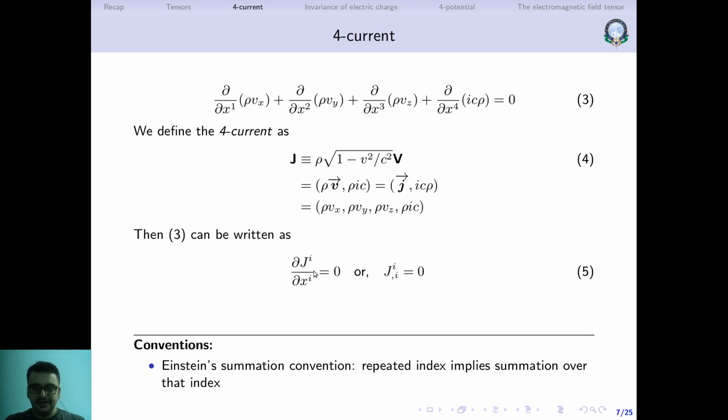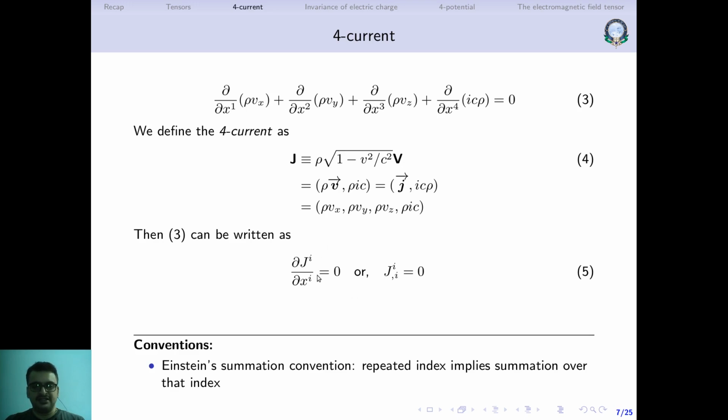In this case, i is known as a dummy index, and we make this i take all possible values. Because we are in 4-dimensional space, the values that i can take are 1, 2, 3, 4. So dou Ji by dou xi is equal to dou J1 by dou x1 plus dou J2 by dou x2 plus dou J3 by dou x3 plus dou J4 by dou x4, which are basically these 4 terms.